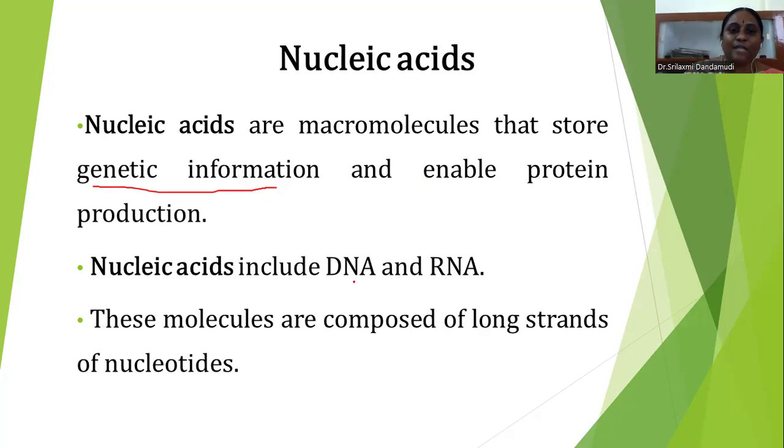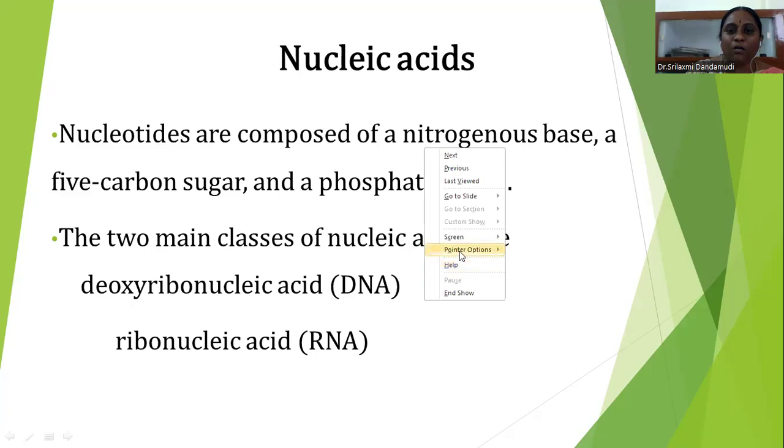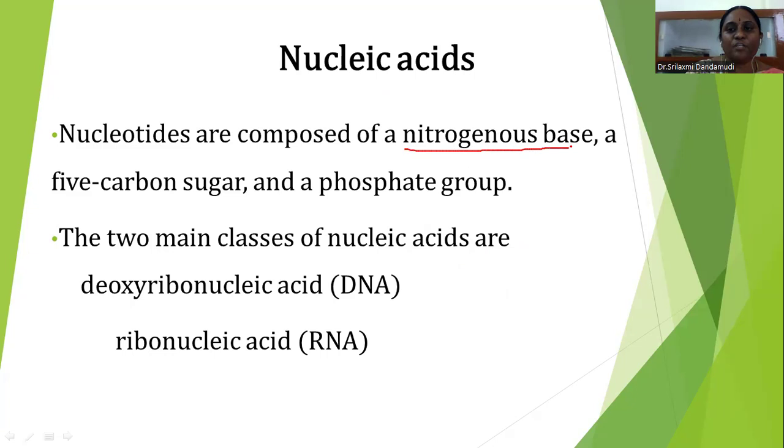So these nucleic acids are DNA and RNA. They are composed of long strands of nucleotides. Nucleotide is the monomer of the nucleic acids. A nucleotide contains three parts: a nitrogen base, a 5-membered sugar, and a phosphate group.